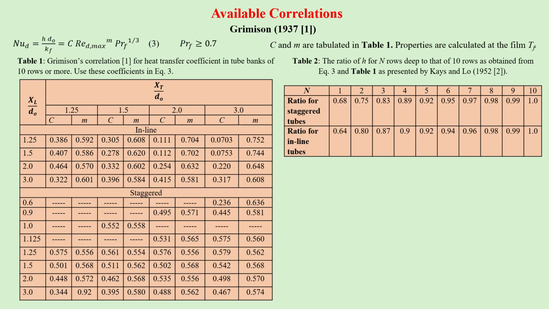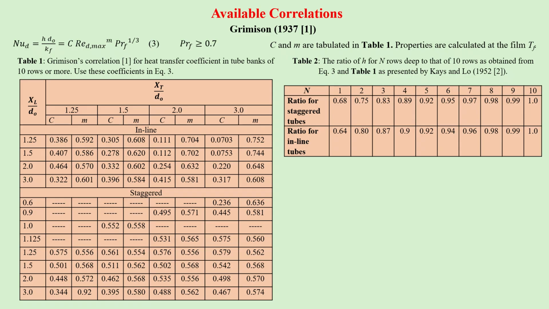Of course, we have to point out that these constants are obtained for tube banks composed of 10 rows or more. For other numbers of rows less than 10, with N equal to 1, 2, 3, up to 10, the value of heat transfer coefficient as obtained from equation number 3 should be multiplied by these factors.